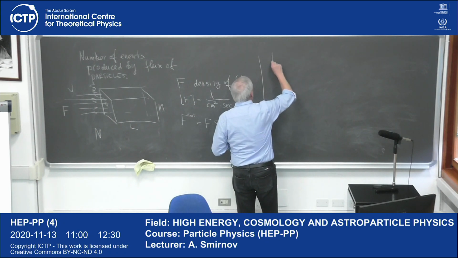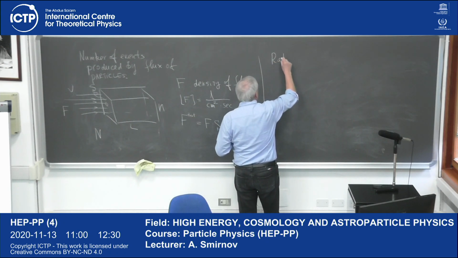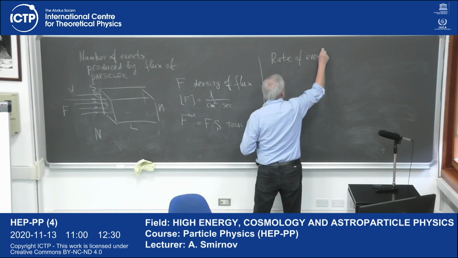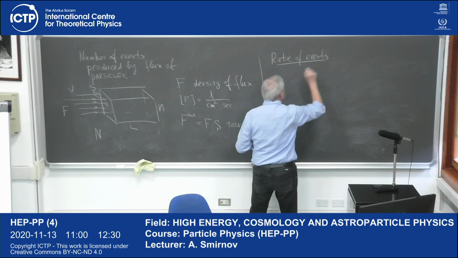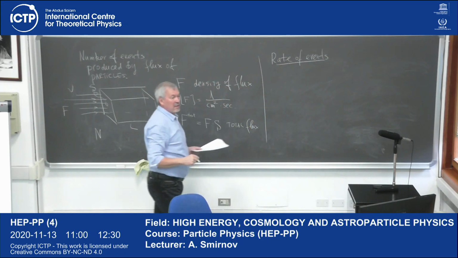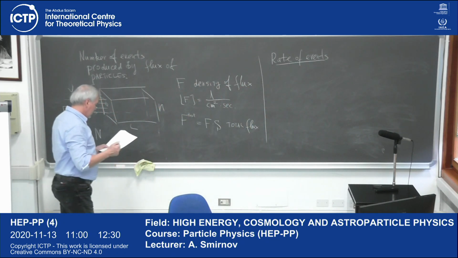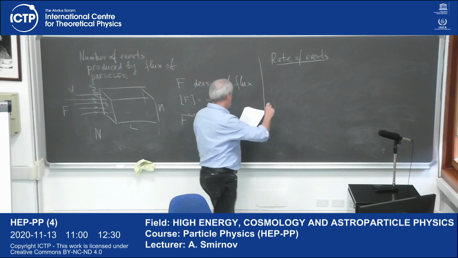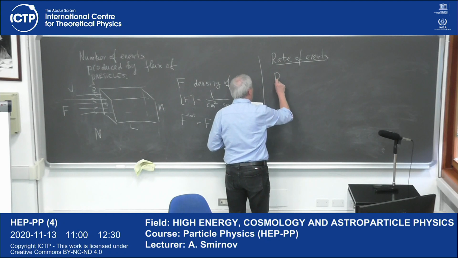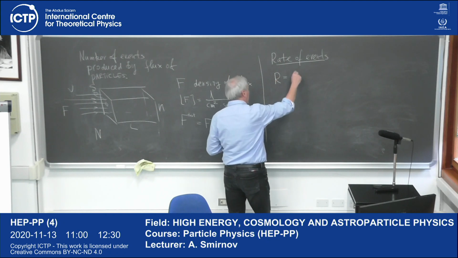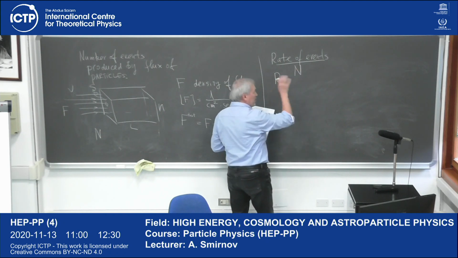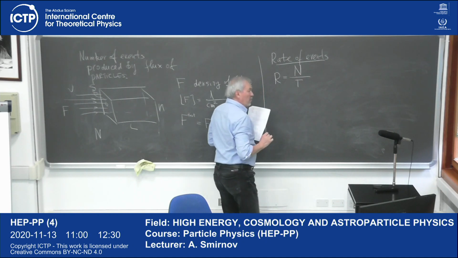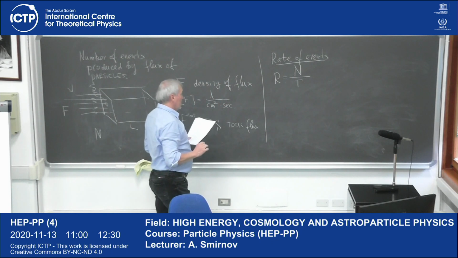Now let us compute the rate of events. That is the number of events in your detector in the unit of time. That's what you are usually interested in. The rate is given by the total number of events produced over the time of exposure or observation.